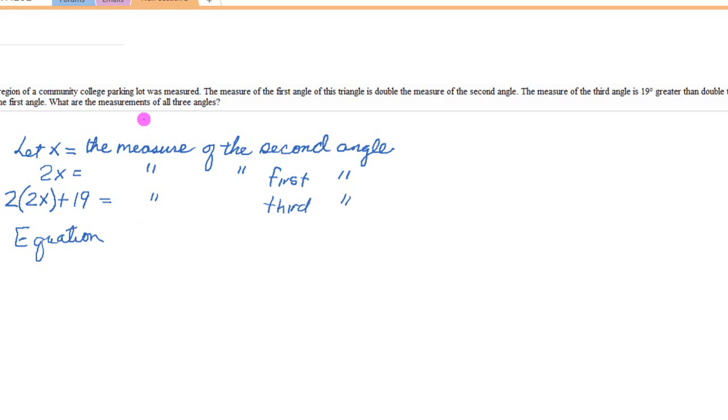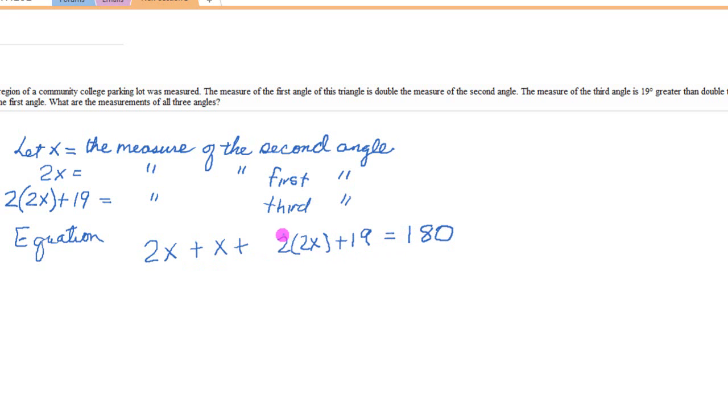So we're going to write an equation that says the sum of the first angle, 2x, added to the second angle, x, added to the third angle, 2 times 2x plus 19, has to equal 180 degrees, because the sum of the three angles in a triangle always equals 180. So there's your equation. Now you just have to solve it.